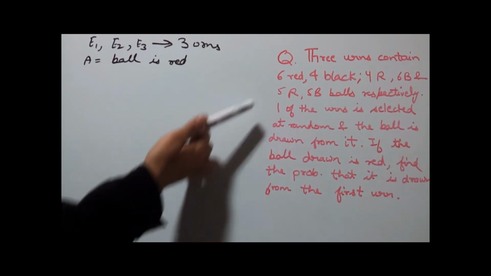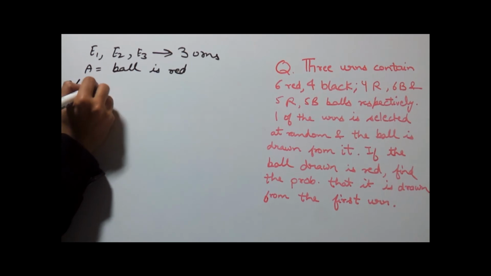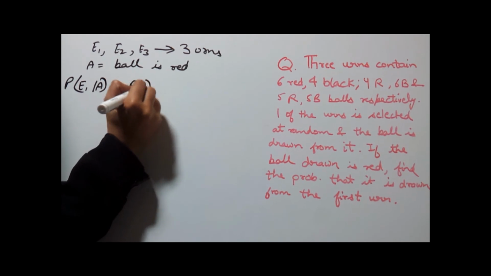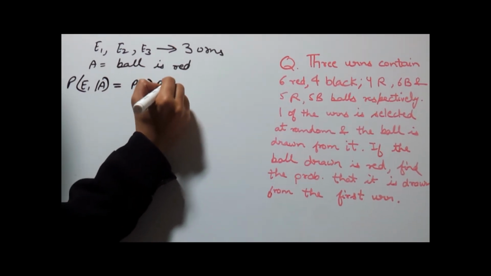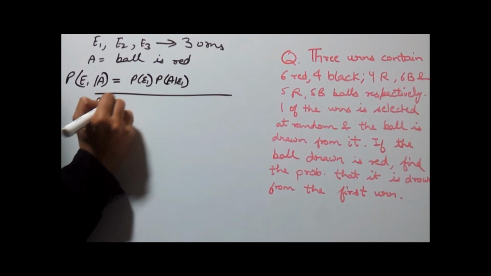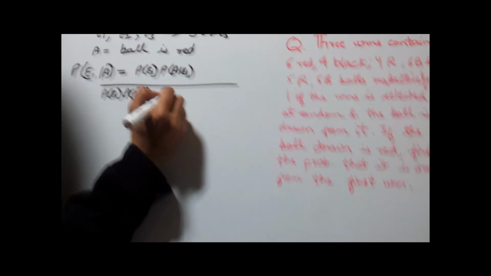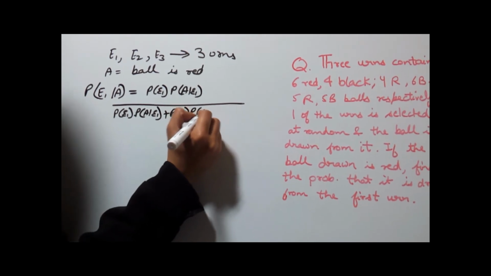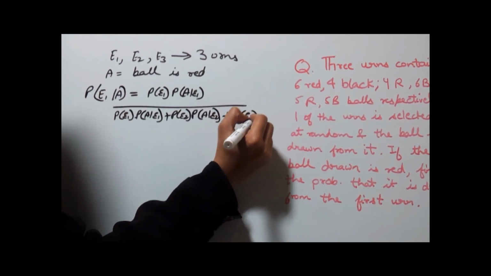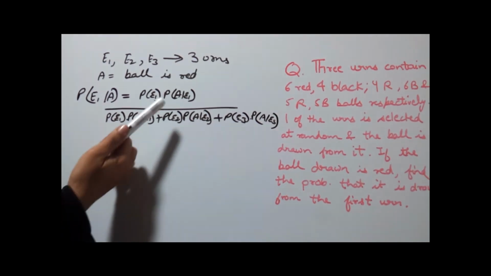So we need to find the probability of E1 given A, which would be equal to probability of E1 into probability of A given E1, divided by probability of E1 into probability of A given E1, plus probability of E2 into probability of A given E2, plus probability of E3 into probability of A given E3.